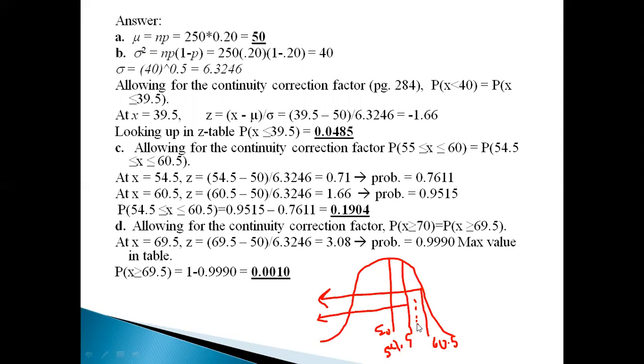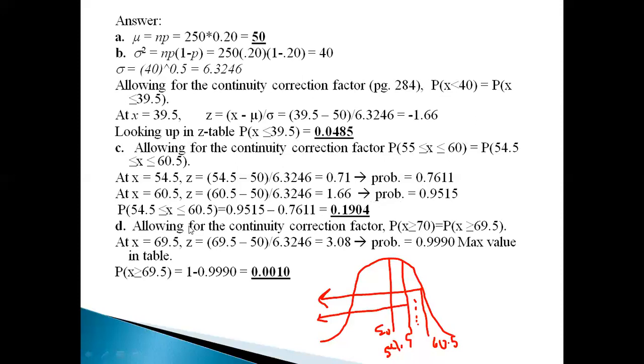And if we want to find that dotted space in between, we just take the larger minus the smaller. And so that's what we do to find the probability that x is between 54.5 and 60.5. We just take the larger, the 0.9515, subtract the 0.7611, and we get 0.1904 for our probability that is between those.